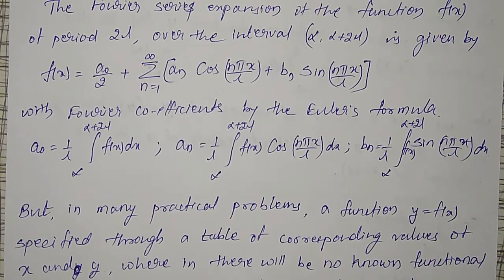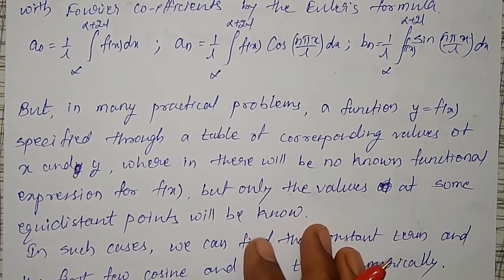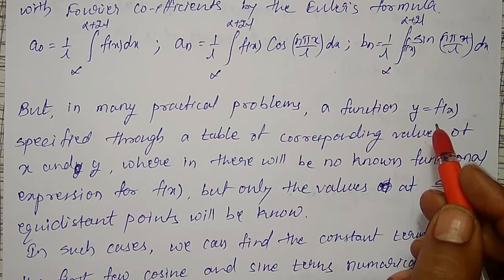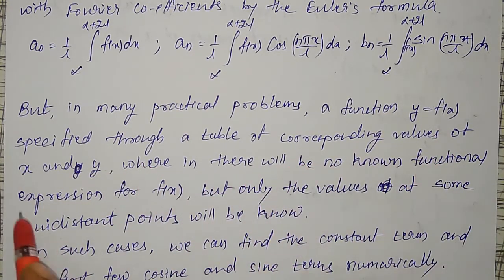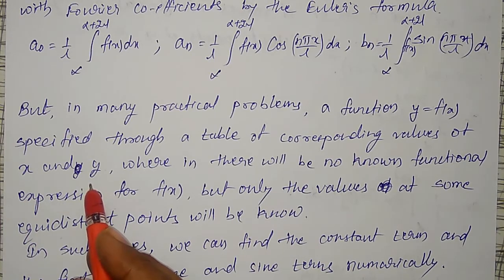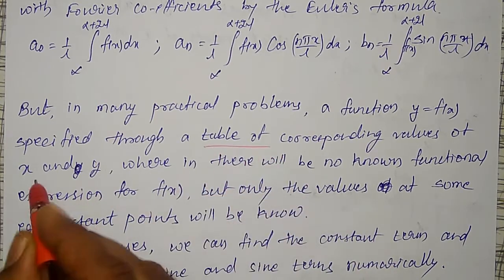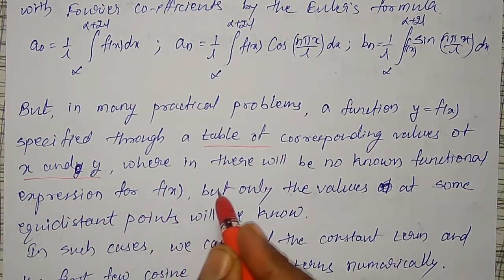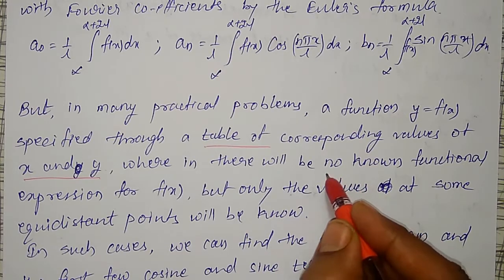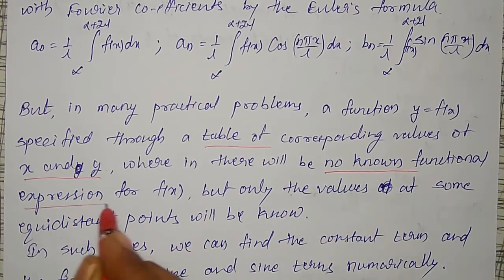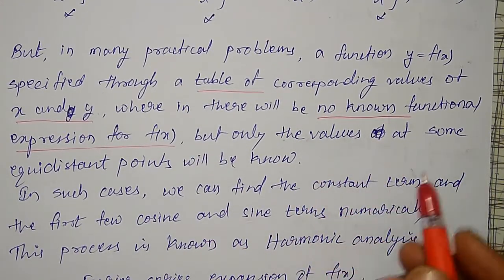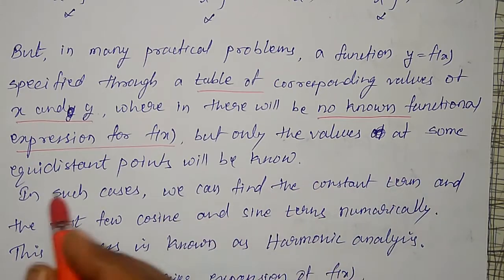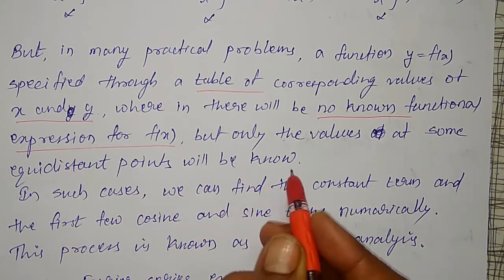But sometimes in practical problems, a function f of x is specified through a table of values of x and y. Instead of giving the function f of x, they will give the table values of x and y, wherein there will be no known functional expression for f of x, but only the values at some equidistant points will be known.